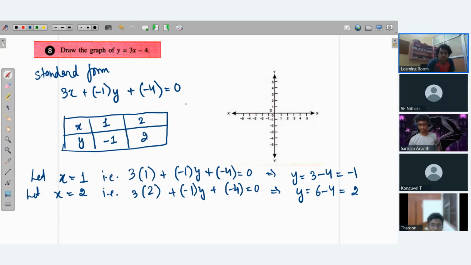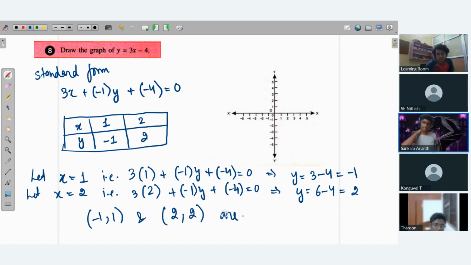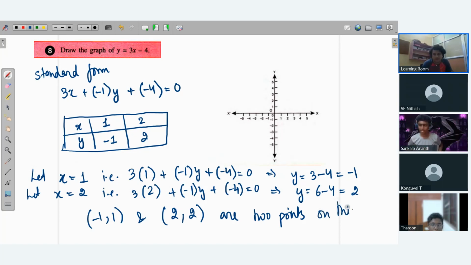So -1, 1 will be somewhere here. Let's name it A. And 2 comma 2 will be somewhere here. Let's name it B. Sir, is this what we did in simultaneous linear equations and we didn't understand it? At that time you had 2 lines simultaneously, right? Here it is only 1 line.